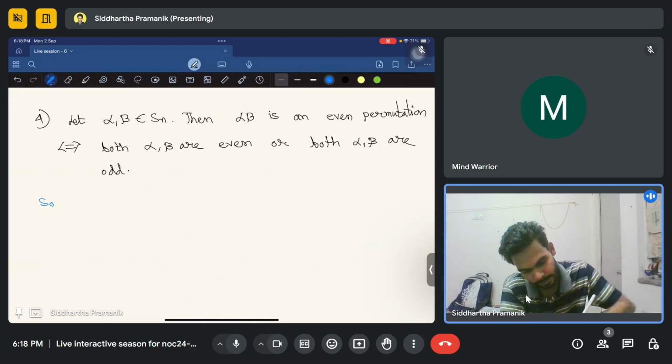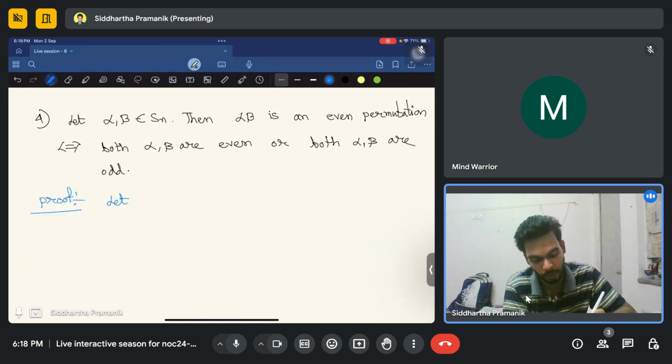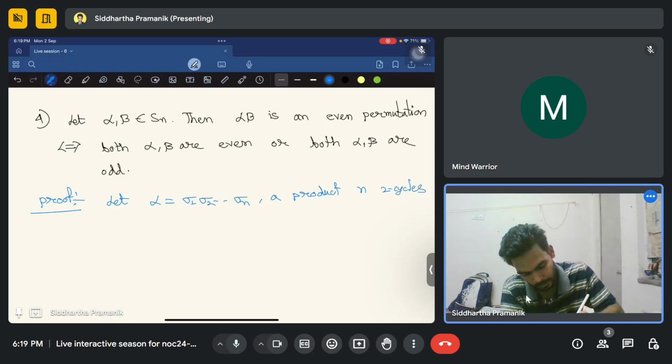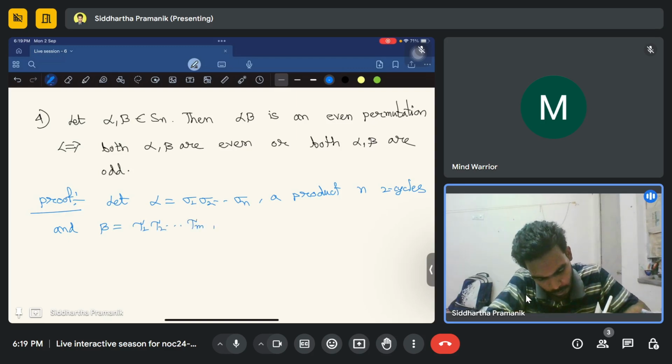So let us write alpha, beta as products of transpositions. Let alpha equal sigma 1, sigma 2 up to sigma n, a product of n two cycles, and beta equal tau 1, tau 2 up to tau m, also a product of m two cycles.